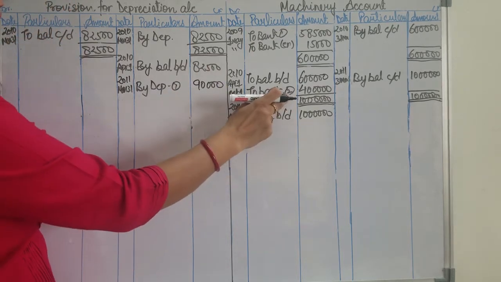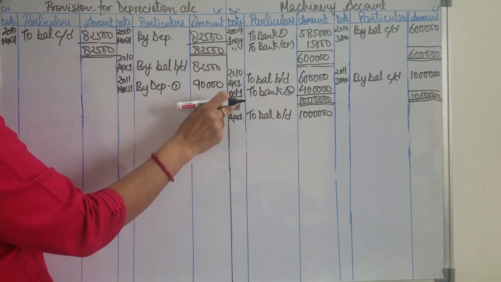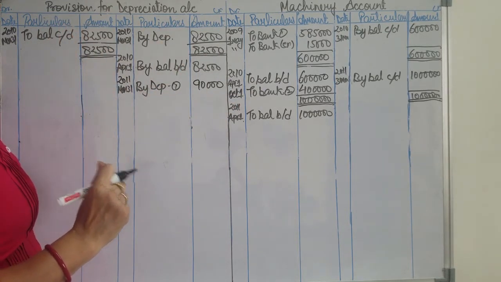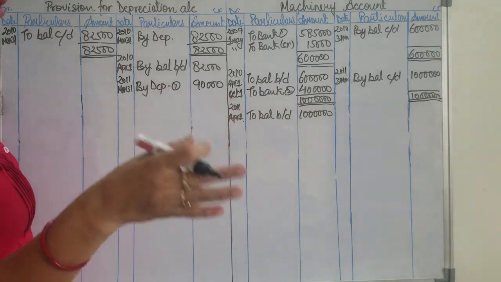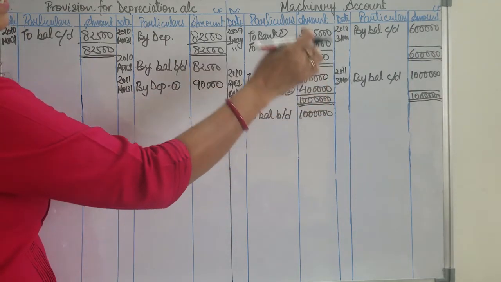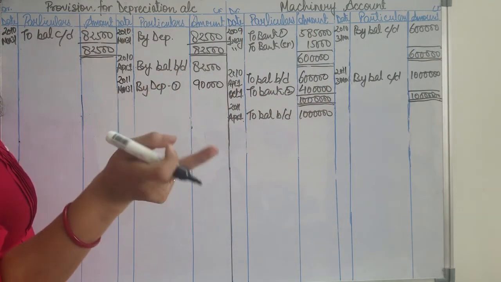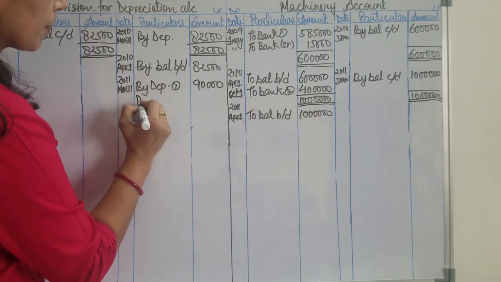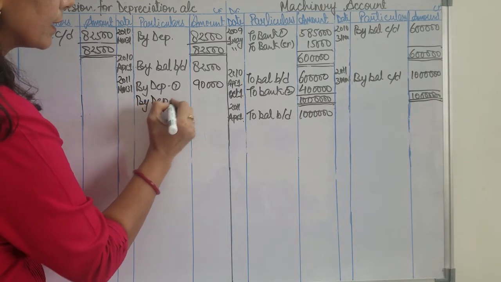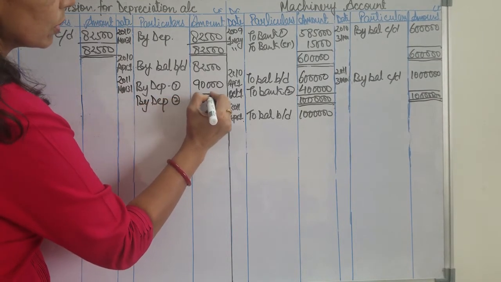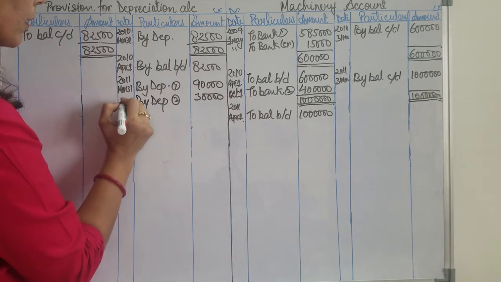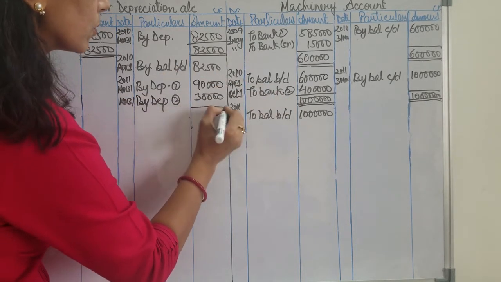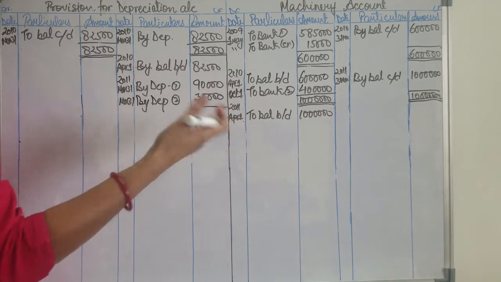And on the second machinery, as it was purchased on 1st October, only 6 months depreciation will be provided, from 1st October to 31st March. So 4 lakhs at 15% comes to 60,000, and 6 months depreciation will be 30,000. So by depreciation, machinery two, 30,000. Now March 31st, again close the account and transfer the balance.